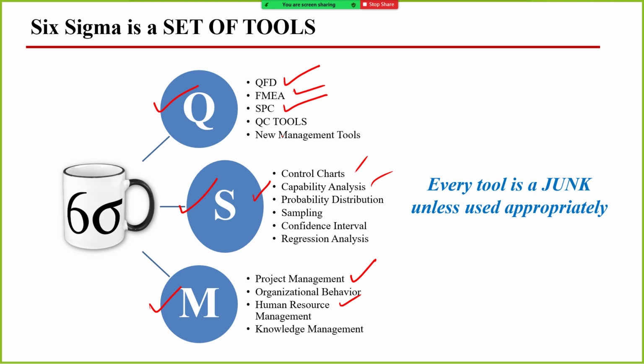So remember that in Six Sigma, we have hundreds of tools and techniques, but every tool is going to be junk if we do not know which tool should be used for what purpose. Like normally the quality function deployment tool is used to translate the customer requirement into the final product or the final process, according to the customer needs.